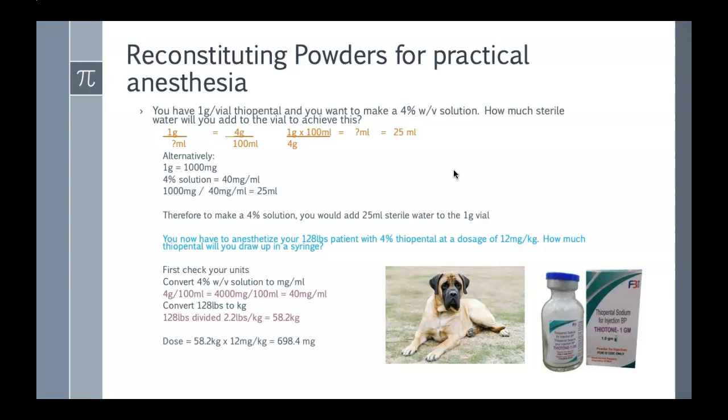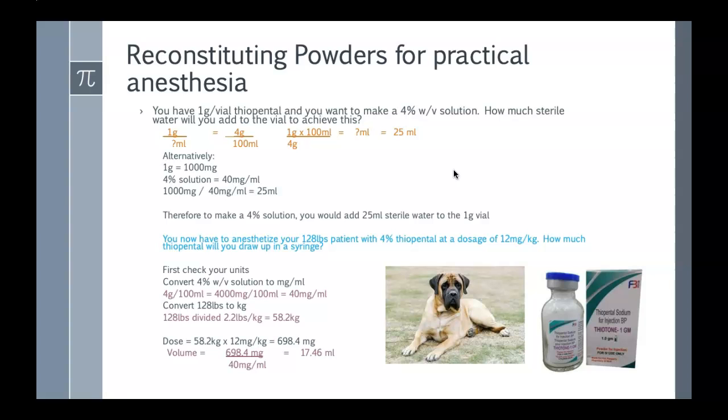Next step, 58.2 kilograms. We're going to multiply by the dosage of 12 mg per kg. So that equals 698.4 milligrams. So that animal's dose is 698.4 milligrams.